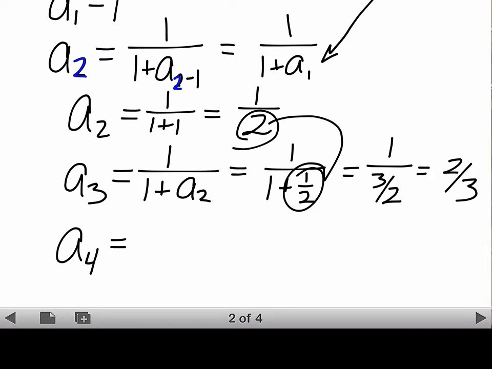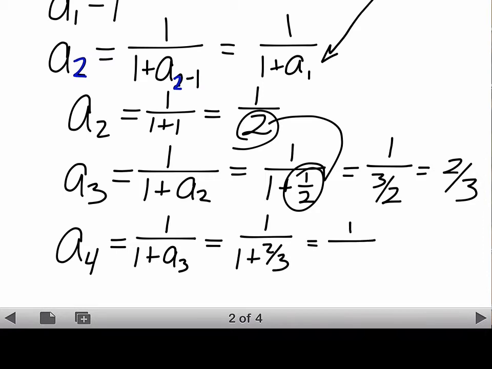A sub 4 is going to be 1 over 1 plus a sub 4 minus 1, so a sub 3, which is 1 over 1 plus a sub 3, which is 2/3. So this is going to be 1 over 5/3. Just do the math there quickly, hopefully. And the answer is 3/5.